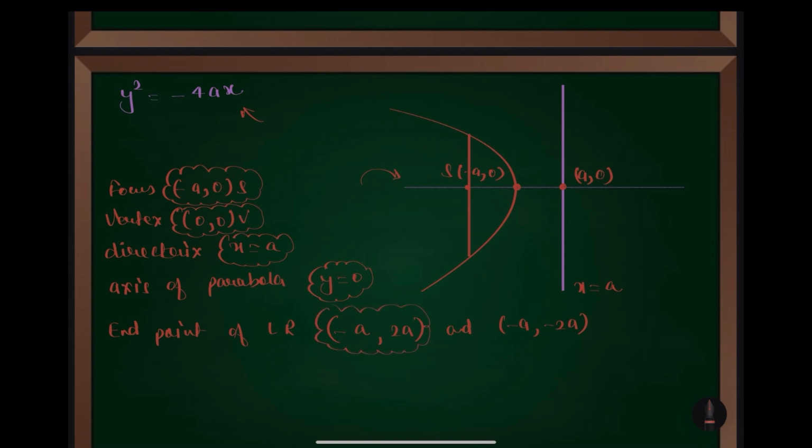Now like length of latus rectum, length of LR, you know that you have to go 2 steps above, 2 steps below, so it is 4a. Okay, I hope now you guys are comfortable with left side opening parabola.